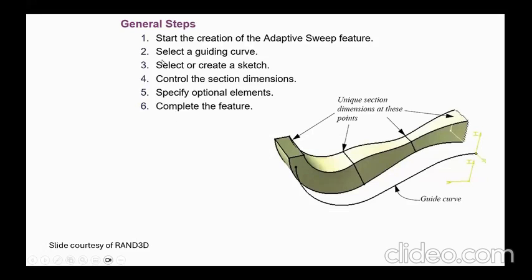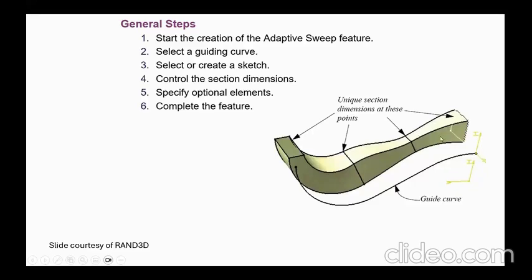Let me give you an idea of what the whole idea behind adaptive sweep is. This is taken from a RAND 3D presentation. So suppose you have a profile here or a sketch here, and you have a spine or a guide curve, and you would like to take this rectangle and sweep it along that guide curve.